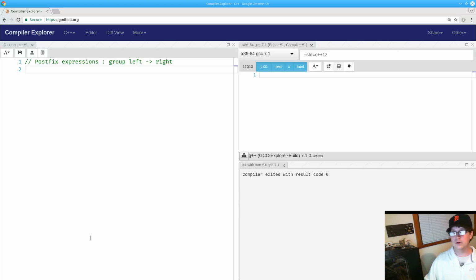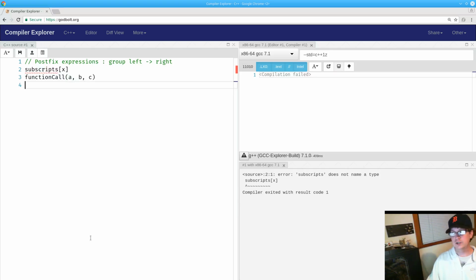There's a whole other group of expressions called postfix expressions. They're going to look a lot like the unary expressions, except these group left to right. Within this category are things like subscripting an array, making a function call, the function form of casting.